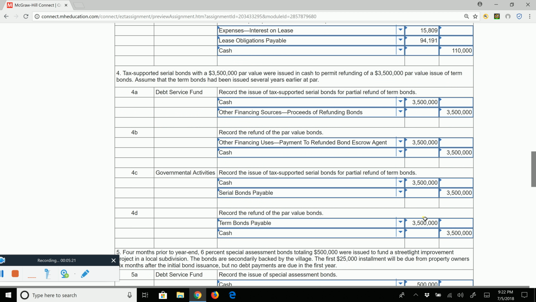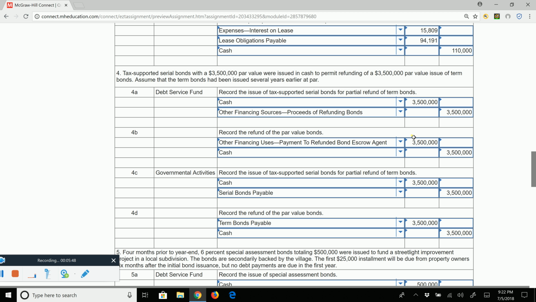Number 4, tax-supported bonds, $3.5 million par value, were issued in cash to permit refunding of $3.5 million par value. So new bonds are issued to pay off old bonds. This is a refunding. And the interesting thing here that we learned in this chapter is when new bond money comes in, debit cash, credit other financing sources.